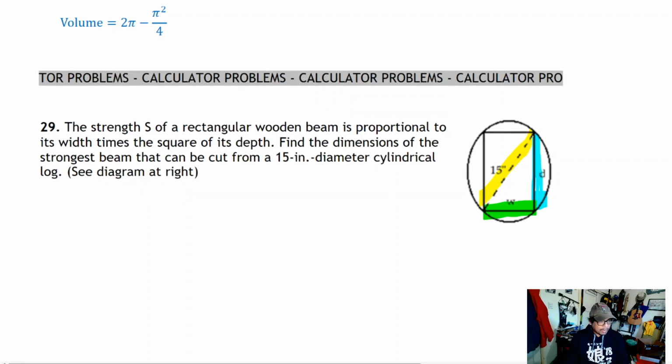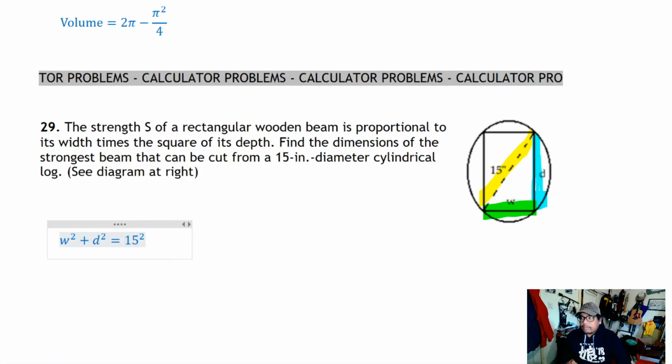So right away we can say that w squared plus d squared is going to be equal to 15 squared. I'm not going to worry about the value of 15 squared. Plenty of time to do that.